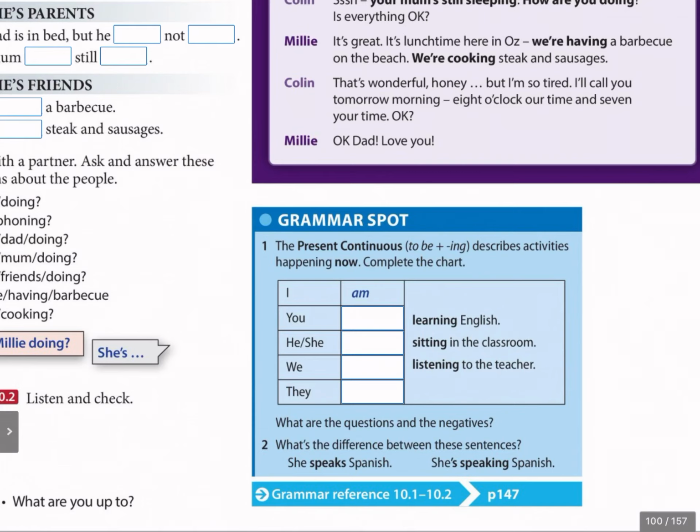We don't need to state it. We don't need to say now or at the moment. It's not necessary. We just have to say she is speaking, and that is all. Using this verb tense, we make it clear that the action is happening at the moment.